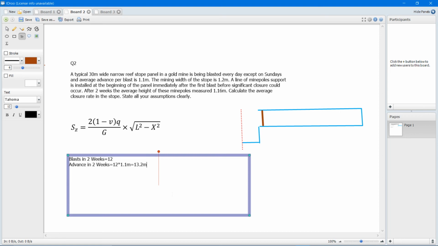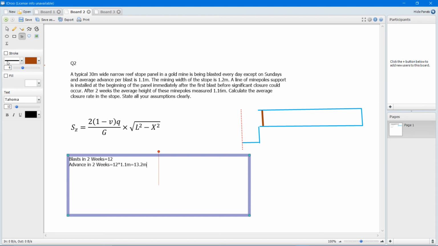However, we are looking at the closure rate and convergence. Now, it may seem like a trick question because we do know that this is our formula for convergence. Not necessarily closure rate, but convergence. If we can get convergence at this point, within those 2 weeks, we can get a closure rate.